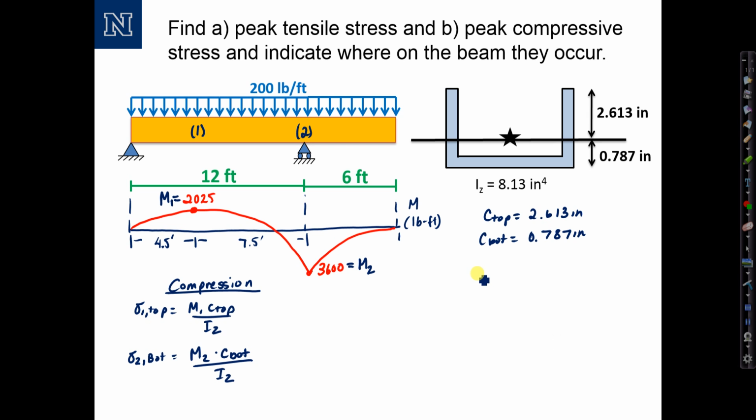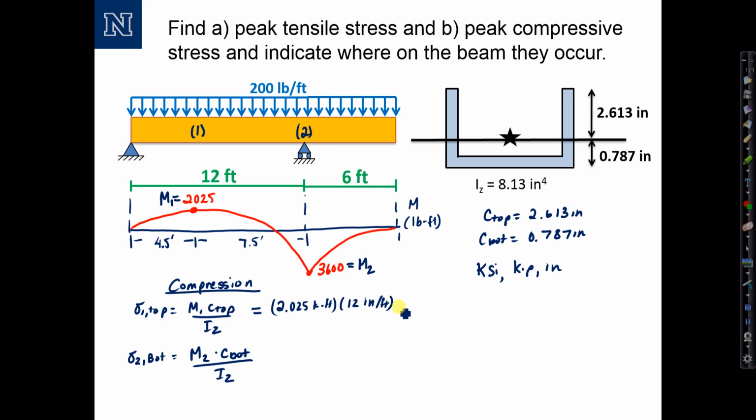For our working units for stress, we want the stress in KSI, so we want to convert forces to kips and lengths to inches. So let's go ahead and make these computations. Sigma 1 top is equal to M1, 2,025 pound-feet, which we convert to 2.025 kip-feet, times a conversion factor of 12 inches per foot.